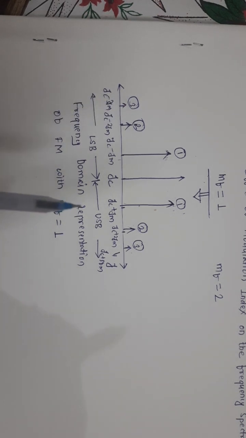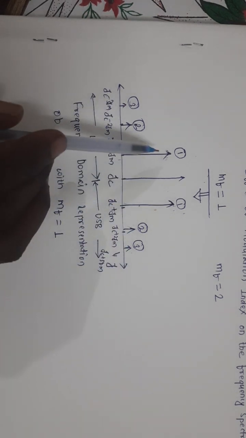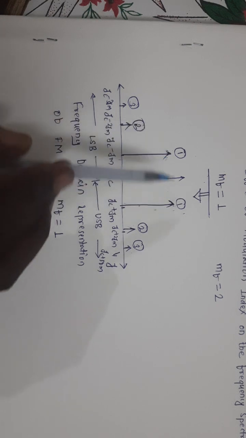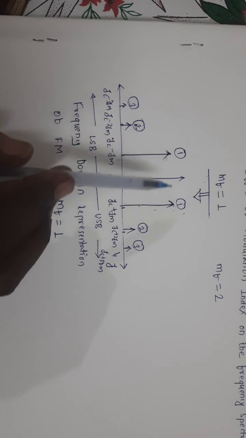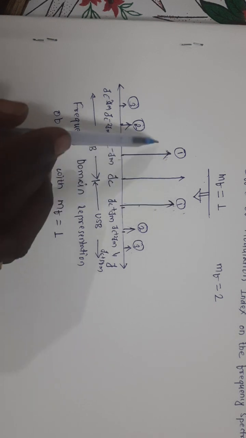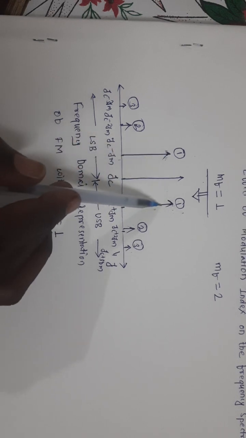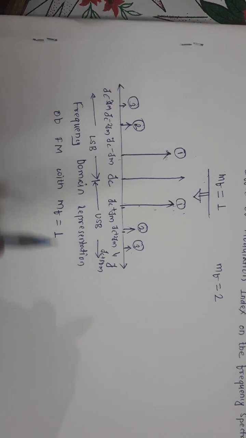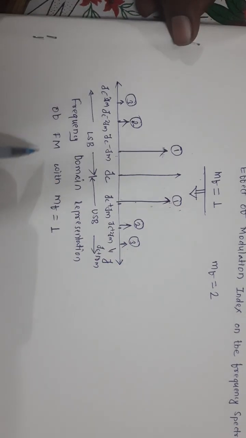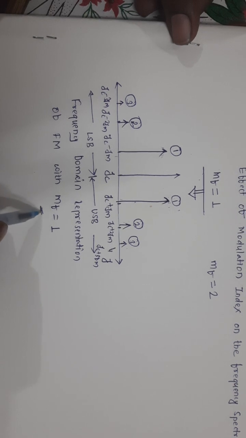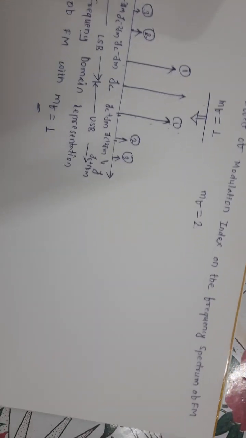So while calculating the bandwidth of FM, we consider the significant bands, that is LSB1 and USB1. This is the frequency domain representation of FM with modulation index MF equal to 1.